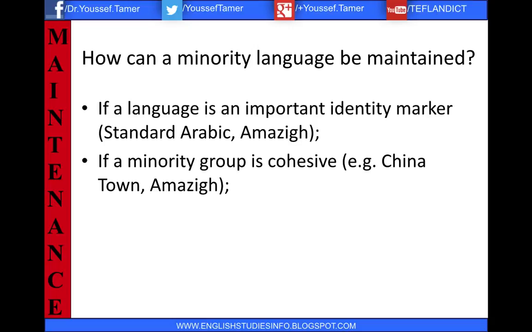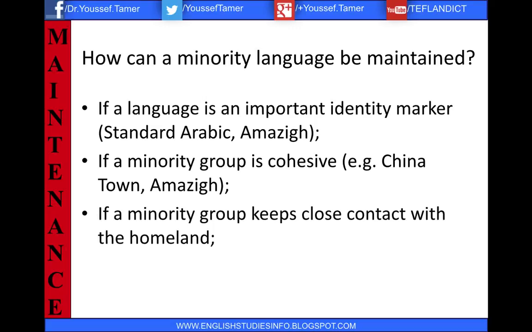Now, if you go abroad, to Europe, and you go among the Chinese, you will feel that even in the third generation or whatever generation, they still speak Chinese. We can't talk about language shift for them because the minority group is cohesive. And of course, we have it for Amazigh as well, because of the identity marker, Amazigh is maintained.